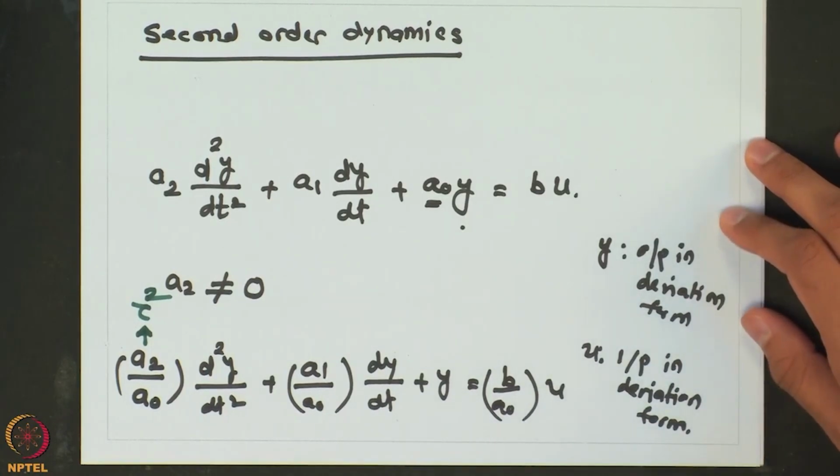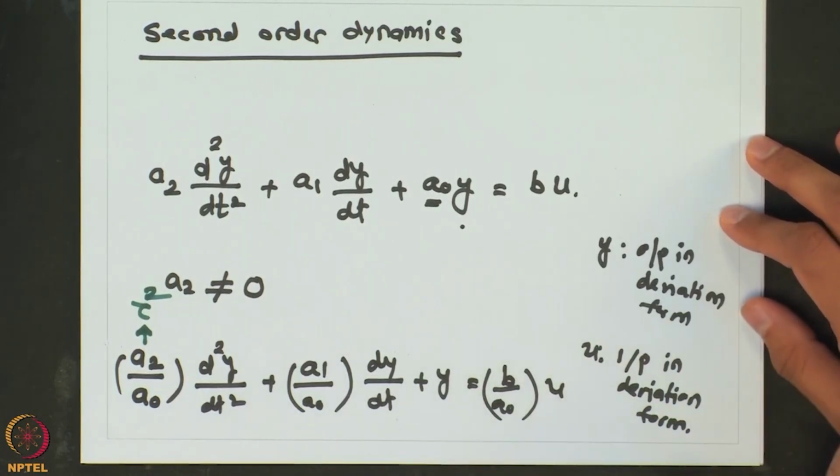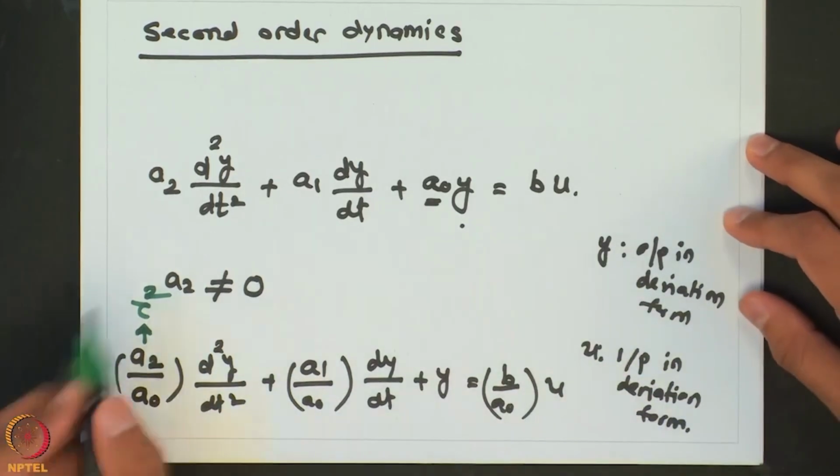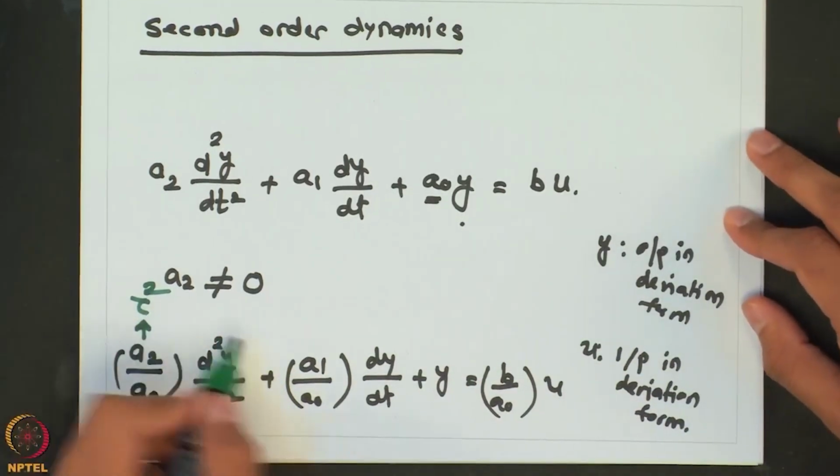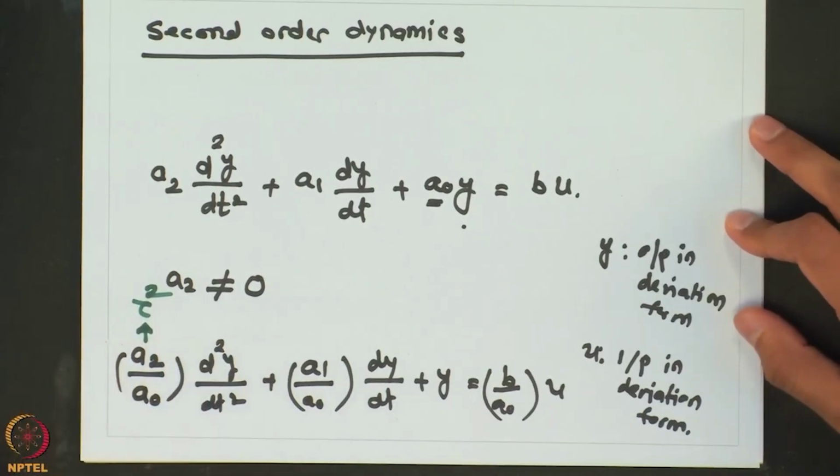But mind you, this tau, even though we are using the same symbol as time constant for a first order process, most of the time this tau is different from the tau which we had used for first order system in terms of significance. Only in one particular case it has the same significance as that of first order time constant. Its name is also different. It's called the natural period of oscillation. Why it is called that way, we will look at it when we look at the response of this system. But for all other purposes, the symbol is the same, but the meaning is different.